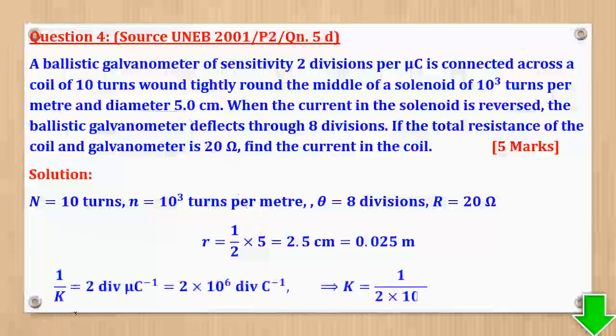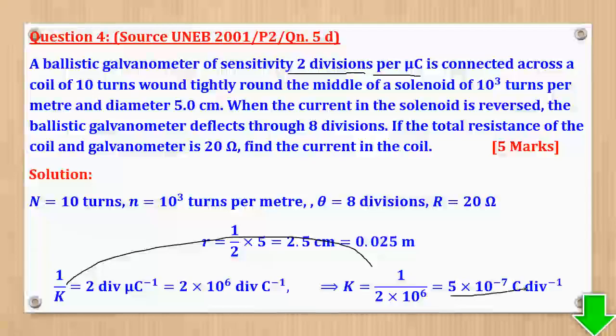And we know that here now you see they have given you the sensitivity. It is division per coulomb. That means it is 1 over K. But we need to get K, so get the reciprocal to give you coulomb per division.